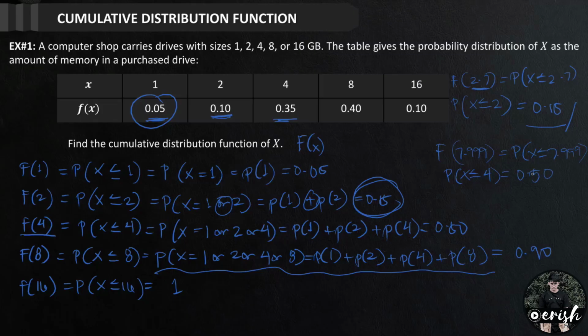Ibig sabihin, 0.5 yung magiging probability ng value for 7.999. Again, kung bibigyan lang tayo ng other random variable values, kasi ito yung ating main values for random variable sa experiment na to. We have 1, 2, 4, 8, 16. So, binigyan tayo ng 2.7. Ang naging probability niya is 0.15. Closest possible value of x to the left, yung F of 2 yun. And sa 7.999 naman, closest possible value to the left, which is F of 4. So, ang naging value niya is 0.5.